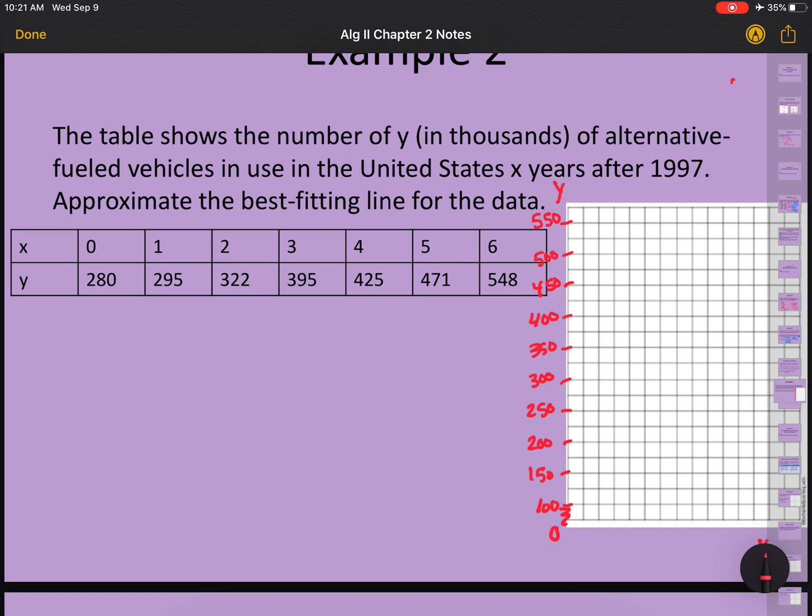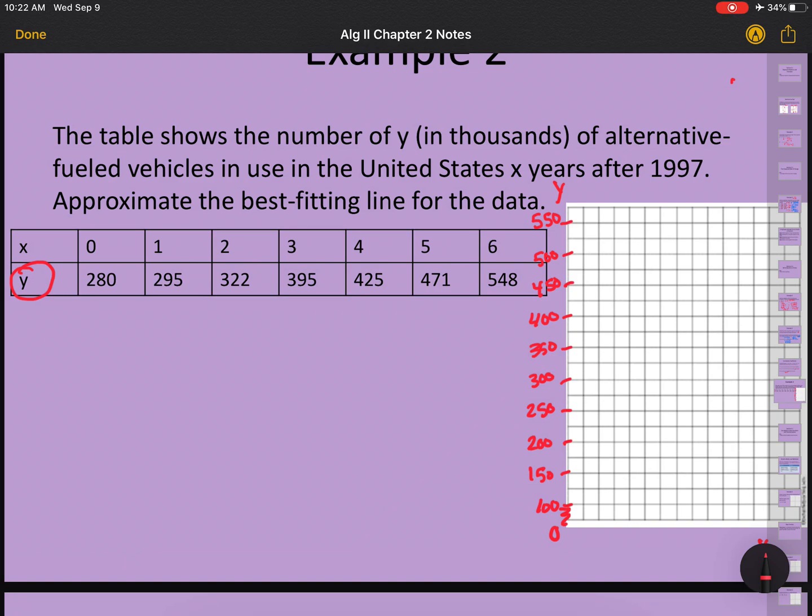And how I chose to go by 50s is by looking at my y's, what values I have, because they go from 280 all the way to 548. So I knew I needed to go some pretty big steps in my y's.